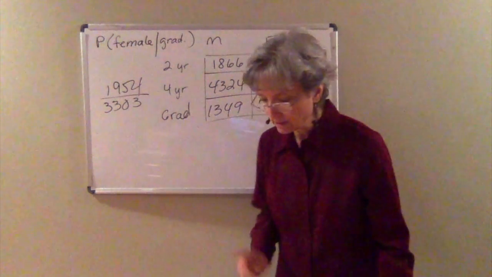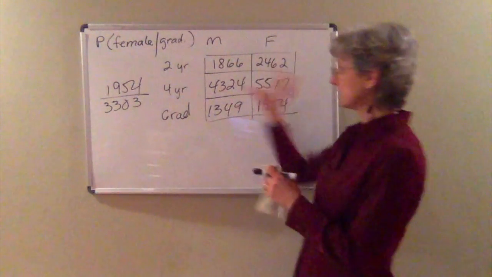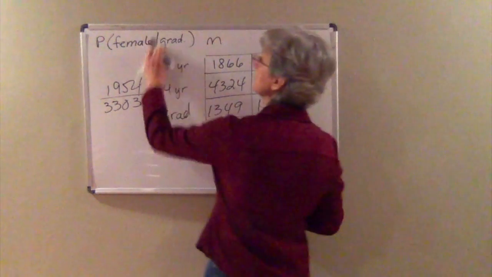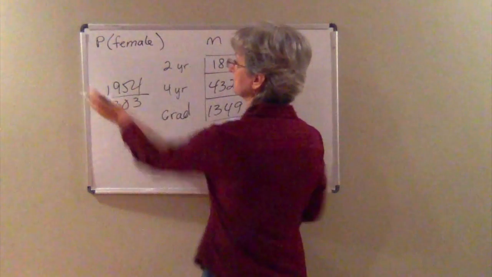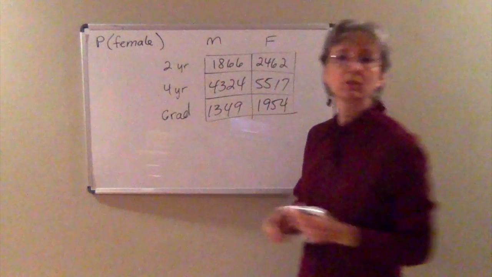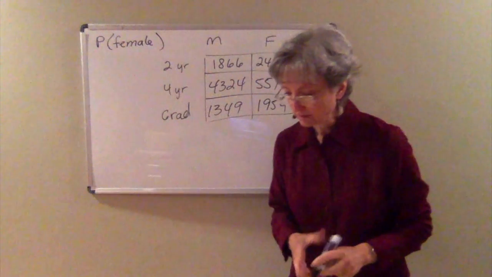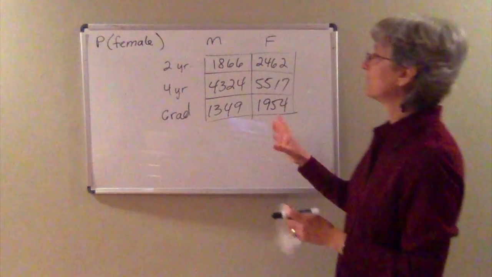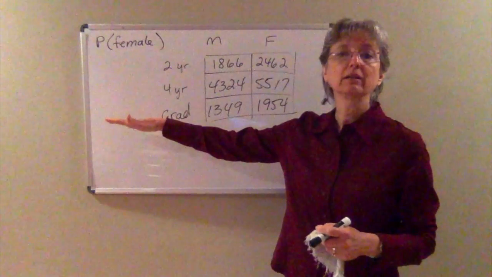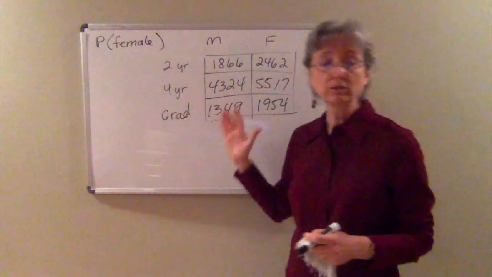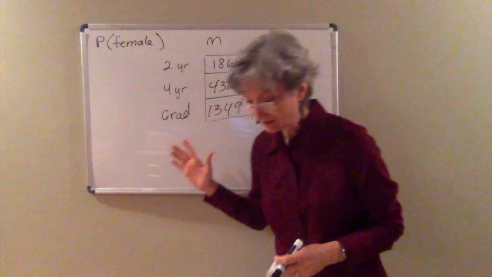All right, what is, in this same chart, just the probability that the student is female? Okay, so to find that, it's the total number of females divided by the total number of students. So that's bigger.